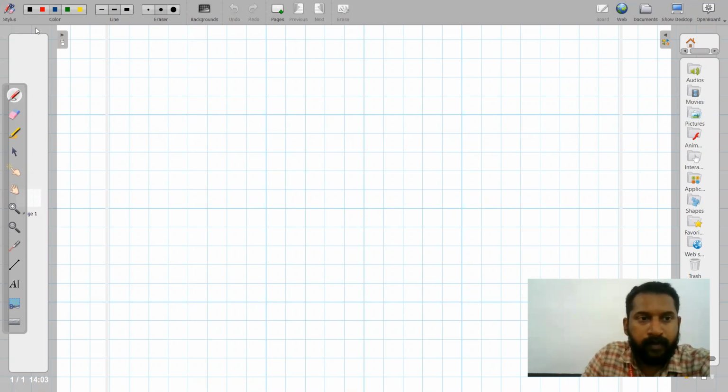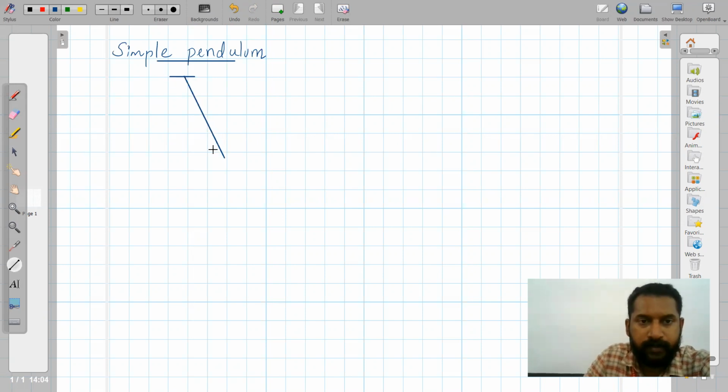A simple pendulum or planar pendulum is a bob attached to a string of length, say, L. So you have a string.